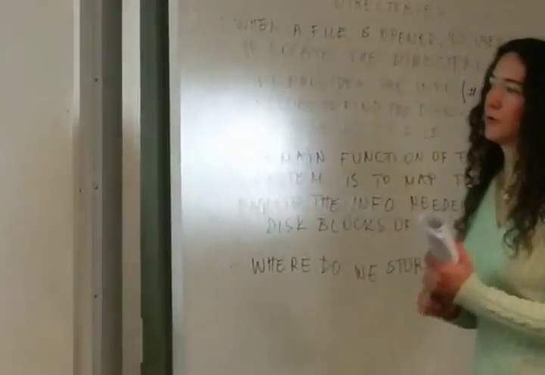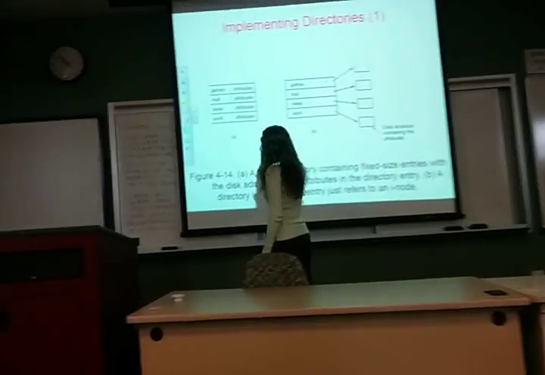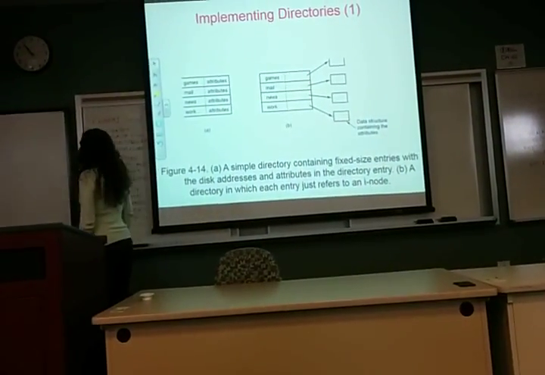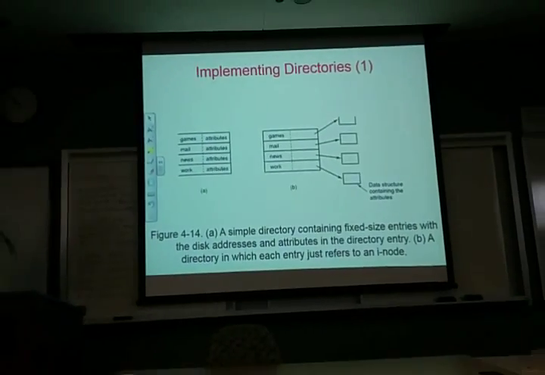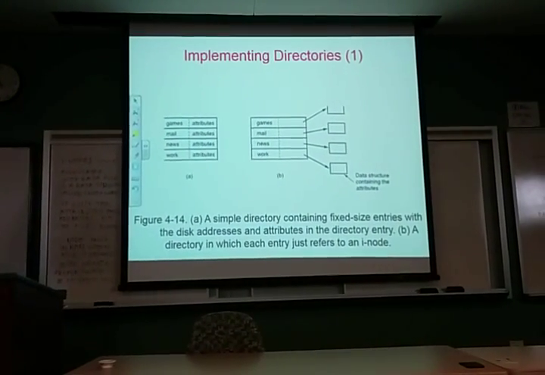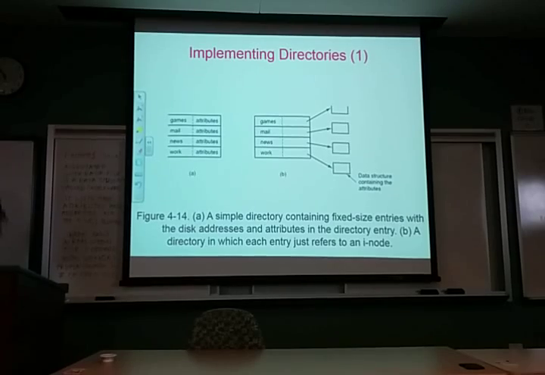Otherwise, where would we store the attributes? So we're using the directory to locate the disk blocks of the file, a sort of mapping between the name of the file and the blocks that comprise this file.